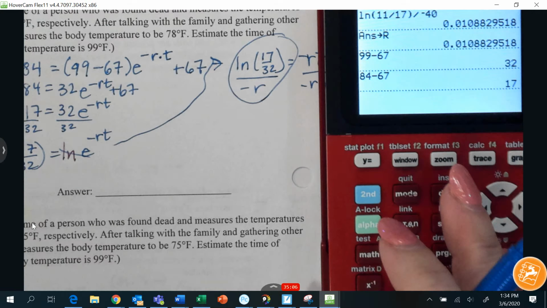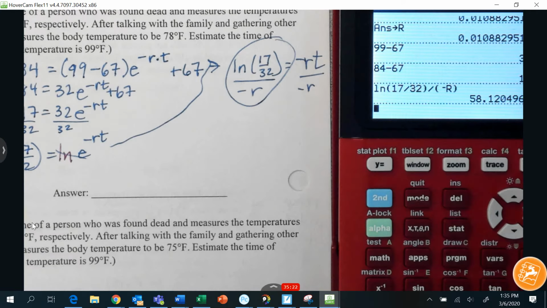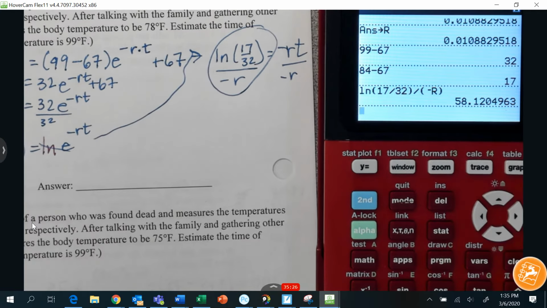Hold on, keep that up. Yeah, so divide by a negative R. It's approximately 58 minutes. We're not going to go to the second, okay? 58 minutes.